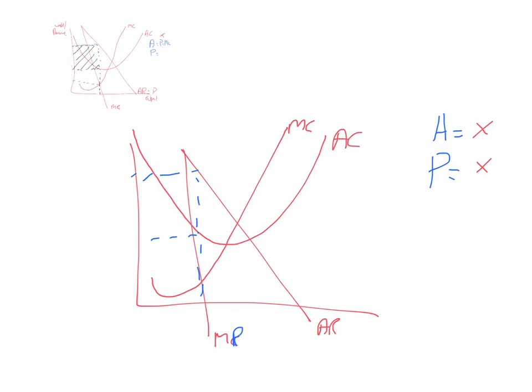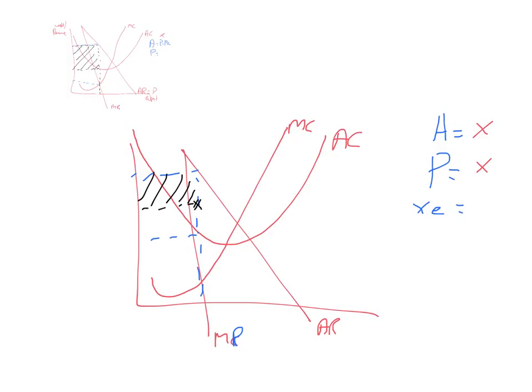The next one is, are they X efficient? Now to be X efficient, you have to be producing on your AC line. Now look at this monopoly. Now this is one where you can say it depends. But some monopolies could have their costs here. And even if their costs were here, they'd still be making this much supernormal profit.